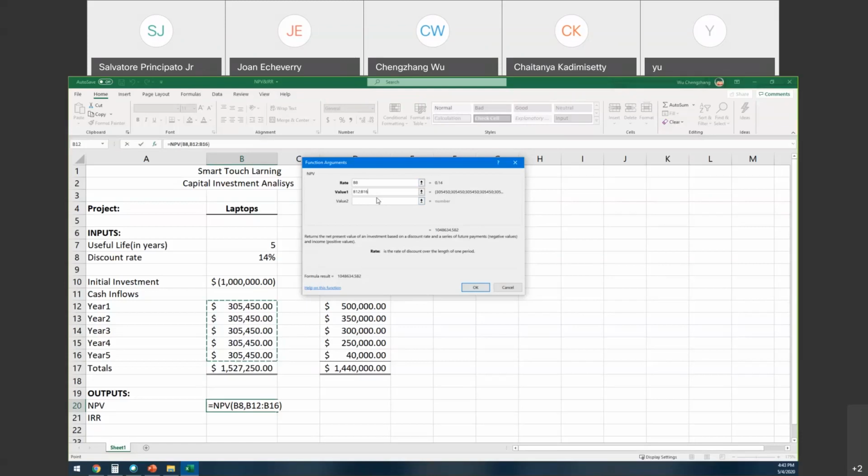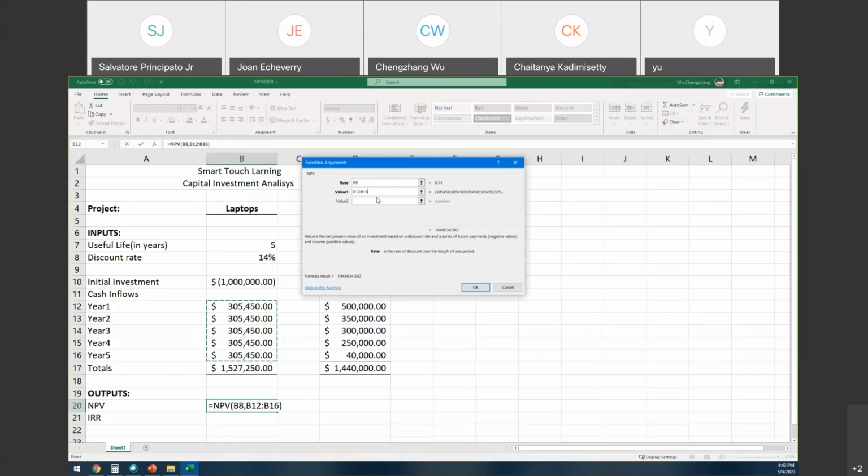Well, actually, the number of periods can be automatically calculated by counting the number of cells that show the cash inflow.